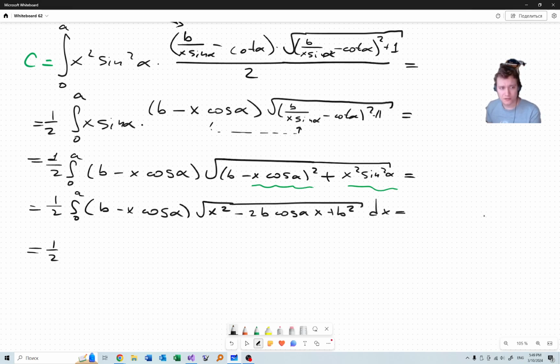I believe we need to make the same thing as before. So let's say that now, for example, P equals x cos alpha minus B. No, it's not correct. It's definitely not correct.